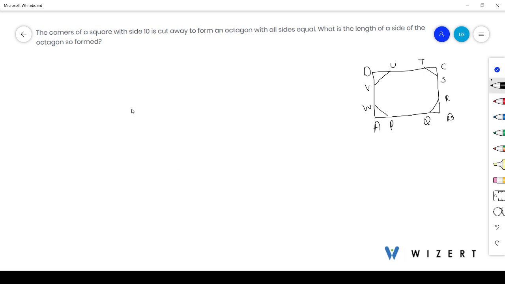Okay. Let A, B, C, D be a square of side 10.